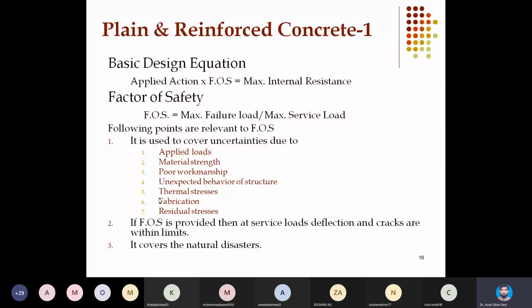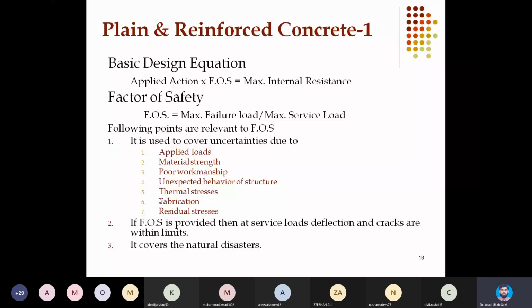So in this way, after all this information, then comes what design philosophy will be selected, whether you will go for ultimate strength design or allowable stress design. For both of them, factor of safety is important. Whether it is allowable stress design or ultimate strength design, in all the basic design equations, the important thing is factor of safety.